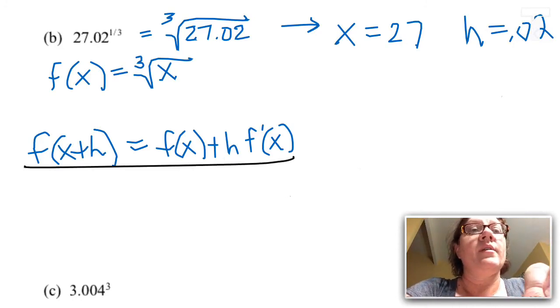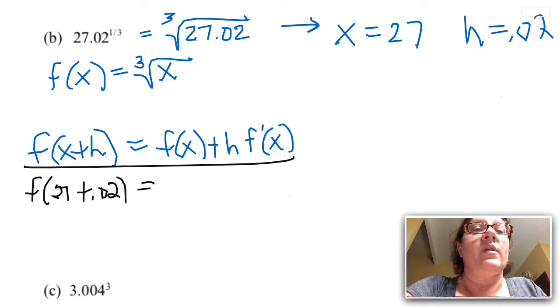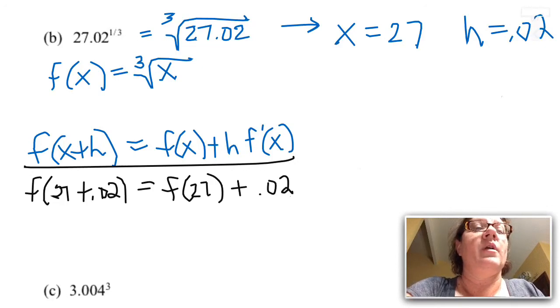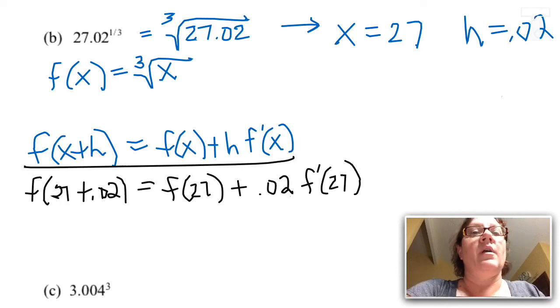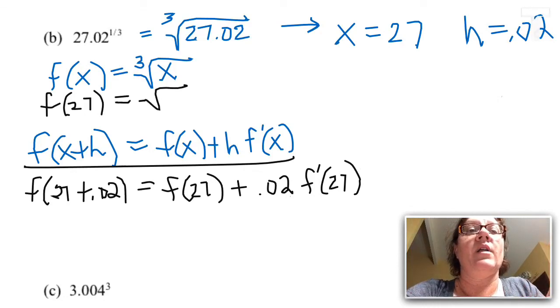And so in order to substitute in, I would be finding f of 27 plus 0.02, which is f of 27 plus h, which is 0.02, times f prime of 27. So now I have to, of course, figure out what's f of 27, but that was the whole idea, that I already knew that much, which was, of course, 3, so I'd be substituting in 3.